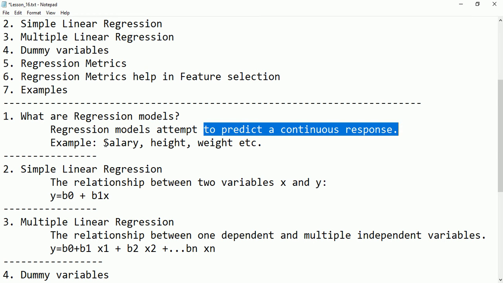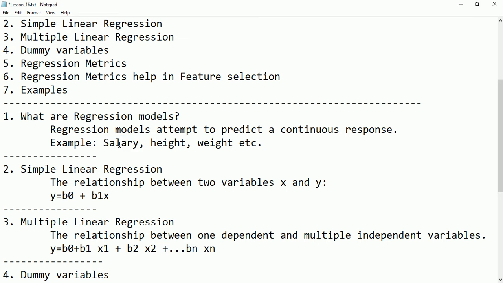For example, if the output is the salary, we have to predict the salary of employees, or maybe we are predicting the height or the weight of people. These are continuous values or continuous responses. If this is the case, these models are called regression models.